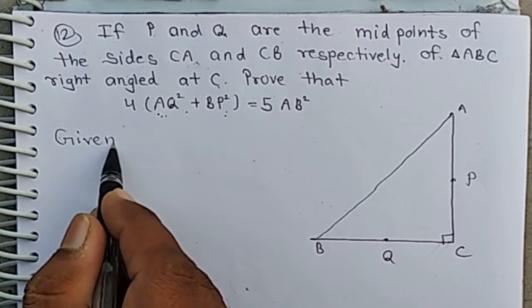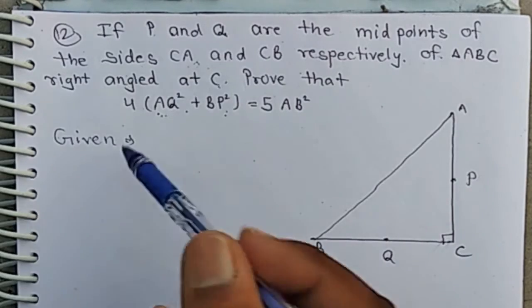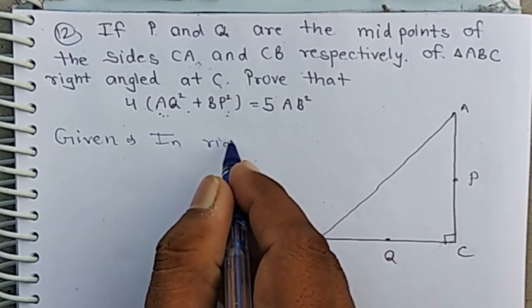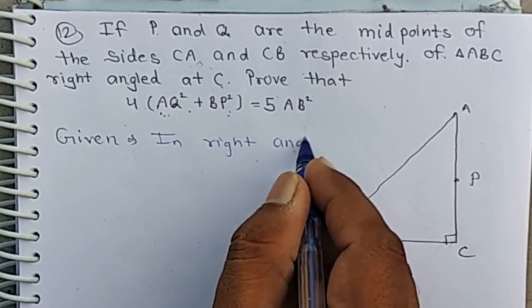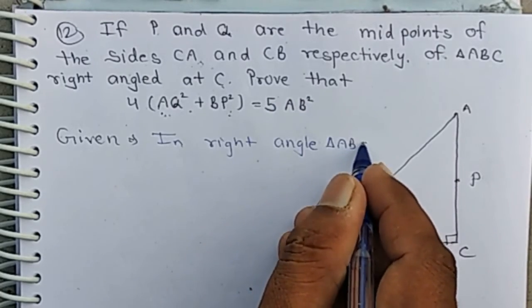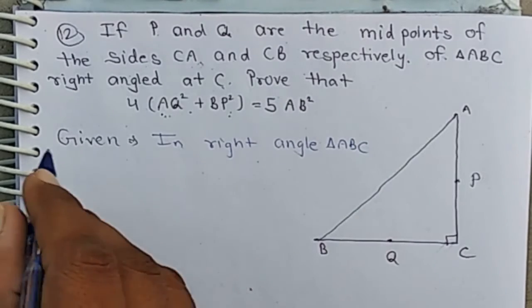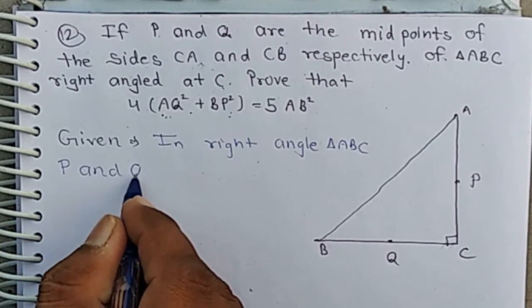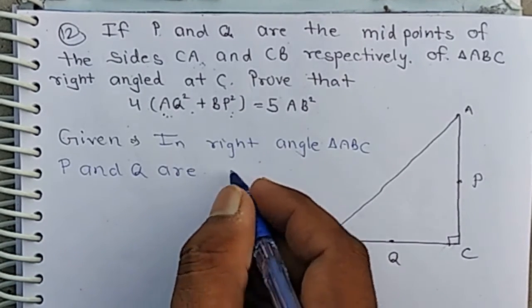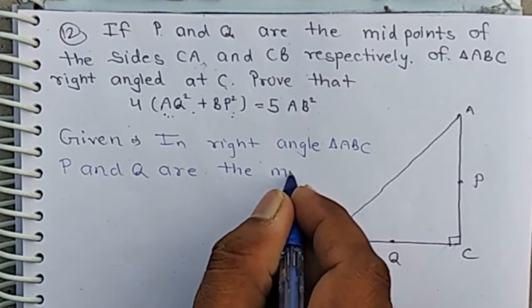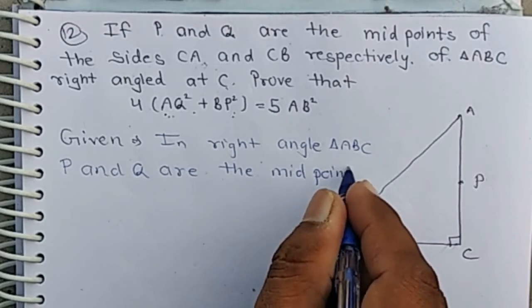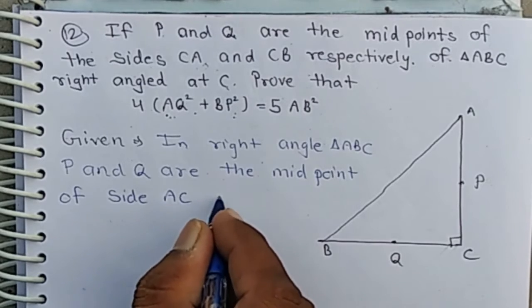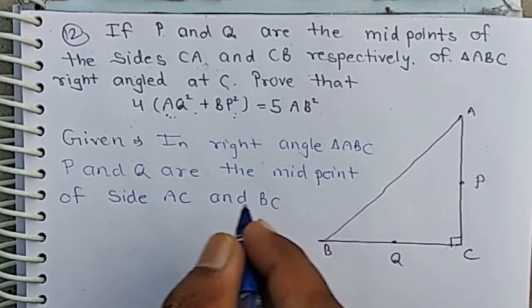Given: in right angle triangle ABC, P and Q are the midpoints of sides AC and BC.